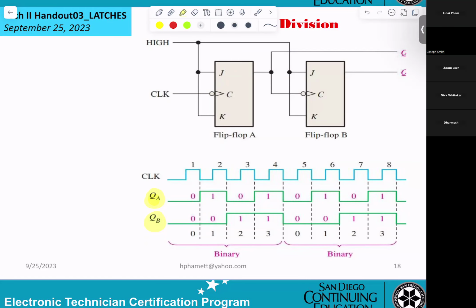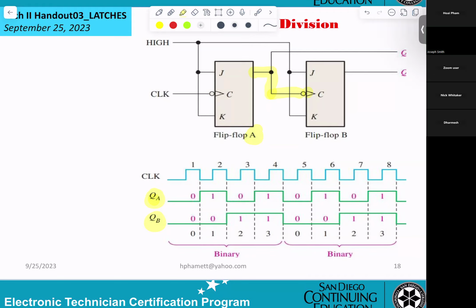JK connected to 1 is only telling you the Q output of flip-flop A will toggle, and the output of A will be a clock for the next JK.